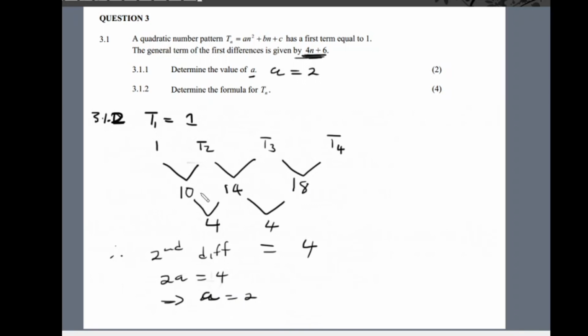And then we know that 3a plus b has to be equals to the first term of the first difference. So 3a plus b is 10. We have a already. We can just substitute a, and then we can solve for b. B is equals to 10 minus 6. B is equals to 4, right? B is equals to 4.